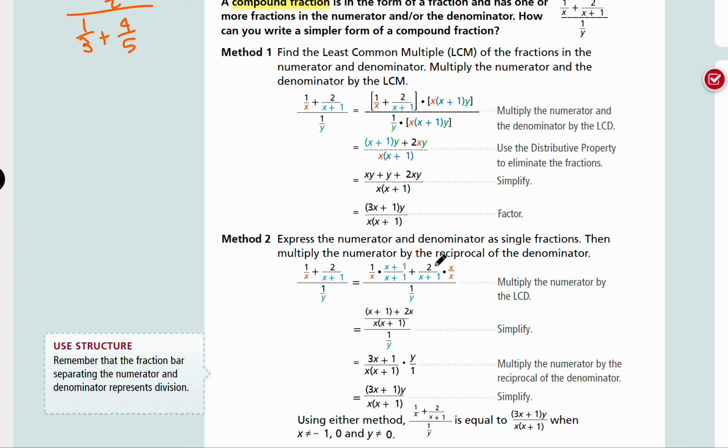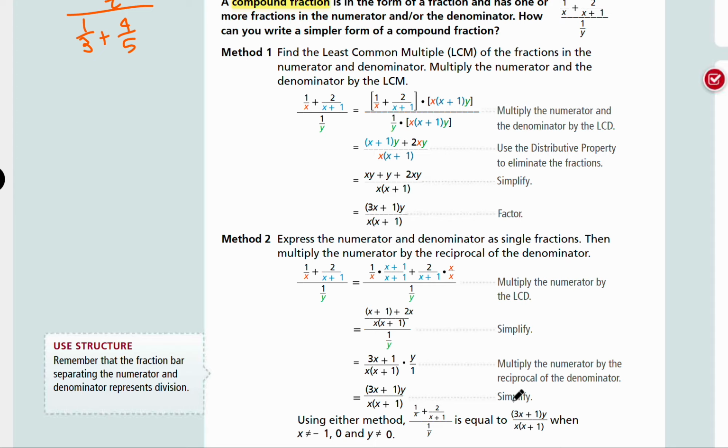Like you can work on the numerator first, and then you divide it by 1 over y, which is a multiplication of y over 1. I think you're more used to method 2. But whatever method you use, you can simplify and figure out the same solution.